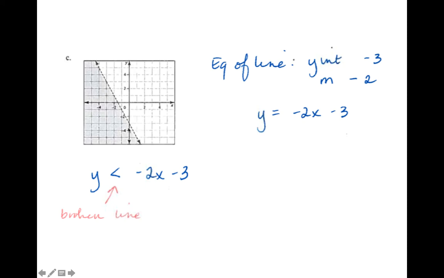And then we're looking at all the y values that are smaller than this. So y is less than the line negative 2x minus 3. And again, in set notation, curly bracket in front, x comma y, such that y is less than negative 2x minus 3. And then you say that x is an element of the reals and y is an element of the reals. End of the curly bracket.